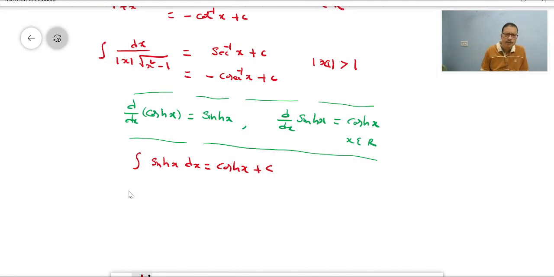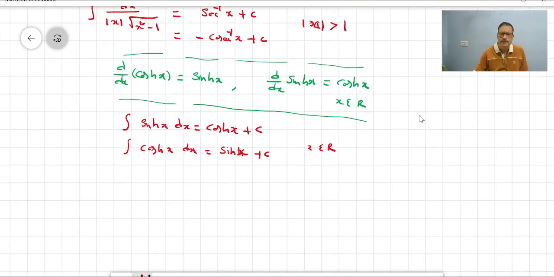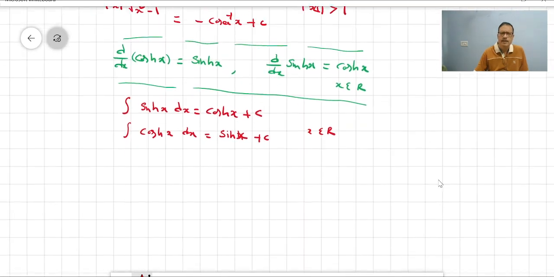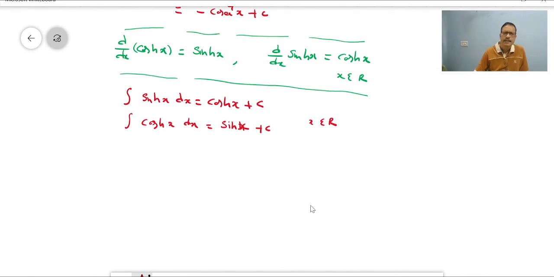So integral of cos hx dx is equal to sin hx plus constant. Here x belongs to R. So what is the formula of integral of sin hx? That is cos hx plus c, and integral of cos hx dx is what? Sin hx plus c. Here x belongs to R.